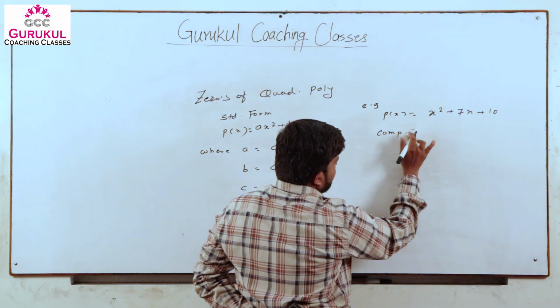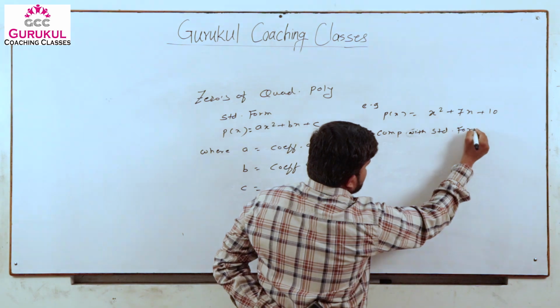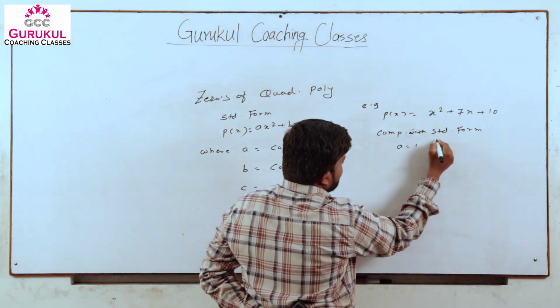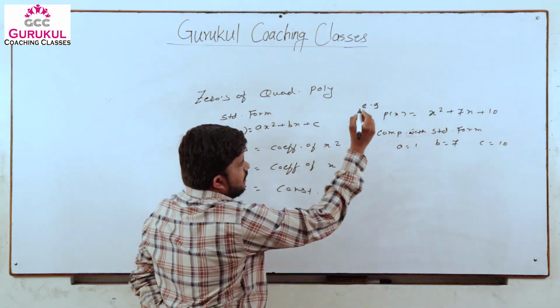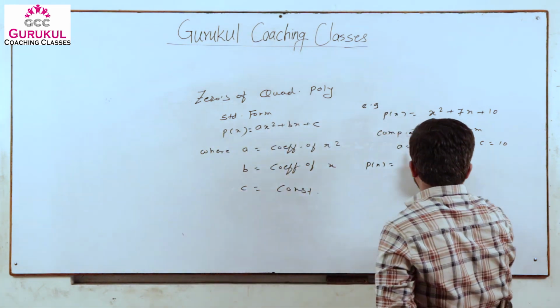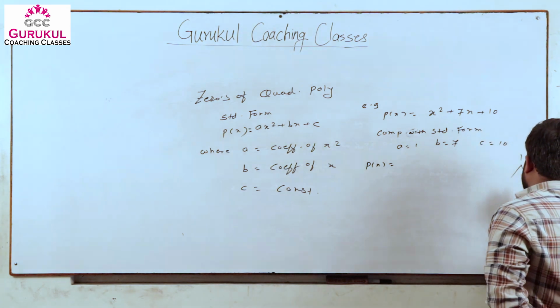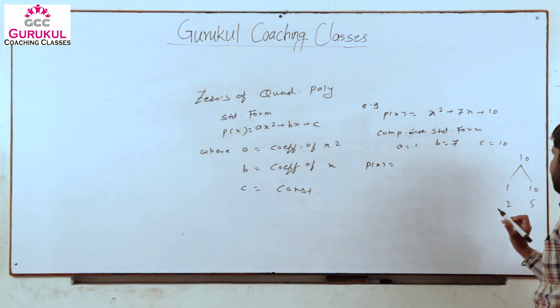Comparing with standard form, a is equal to 1, b is equal to 7, c is equal to 10. Write all possible factors of 10: 1, 10, 2, 5.